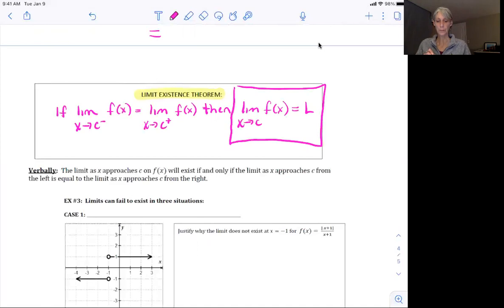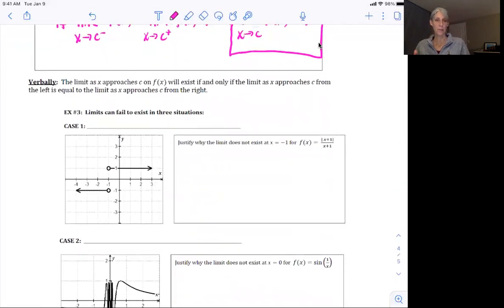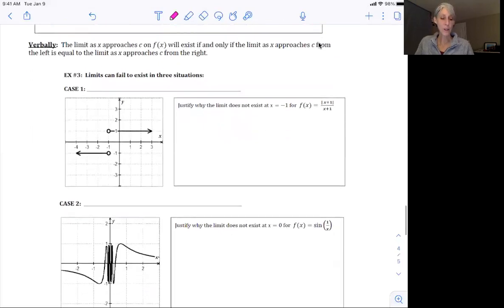There are 3 cases where limits don't exist. We already saw some of them. The limit as x approaches c will exist if and only if the 2 limits match. Cases that fail to exist. In the first example, the left limit does not equal the right limit. I'm not going to worry about justifying right now. This would be a limit does not exist.